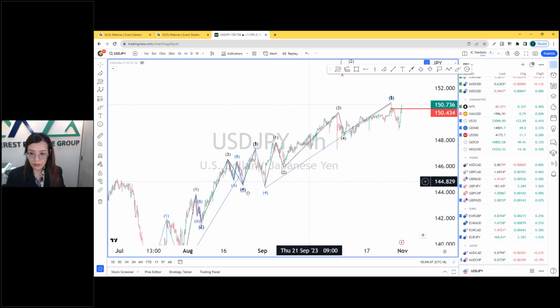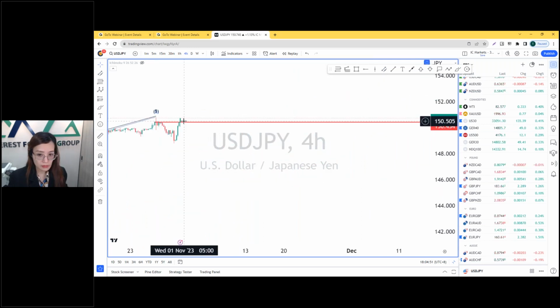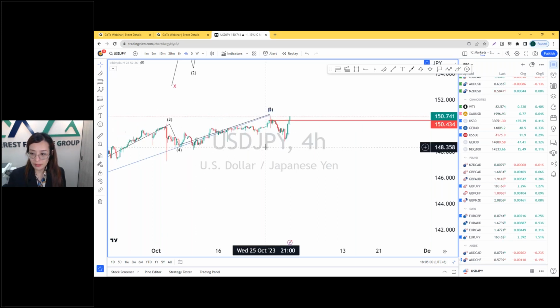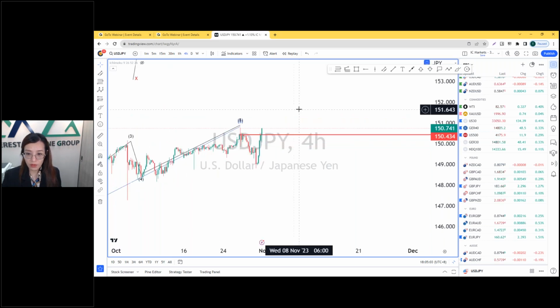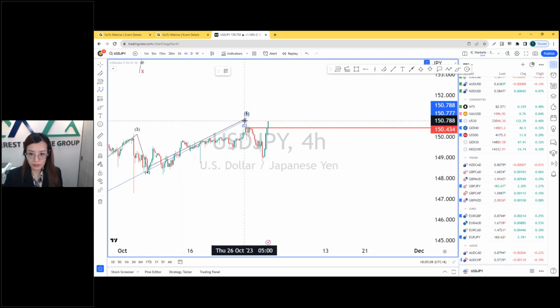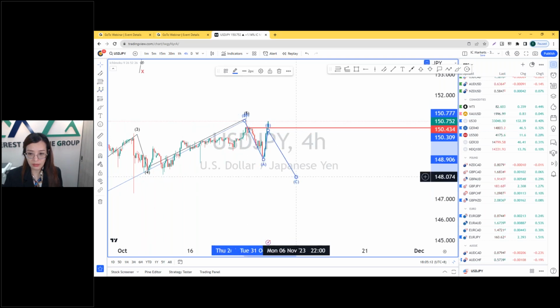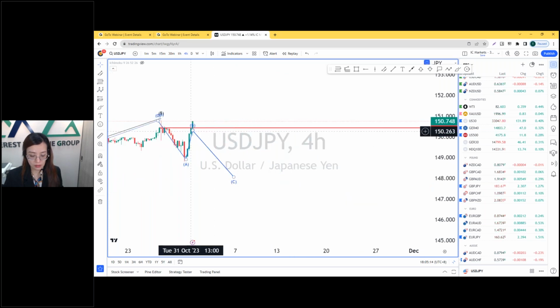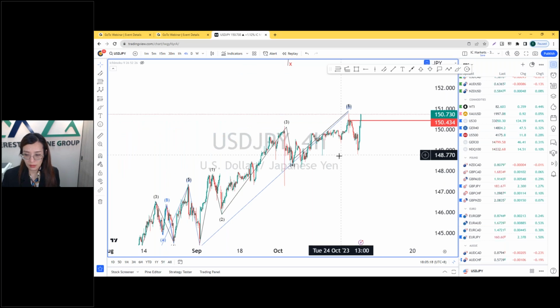Okay, so now, oh, I think UJ is going to the moon. Going to the moon already. Okay, so I thought for UJ in H4, these are in a wave 3, and this could be A, B, and then could be C. But in this case, I think it still keeps going up, so it's not going to end up like ABC.